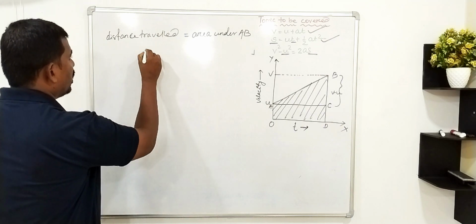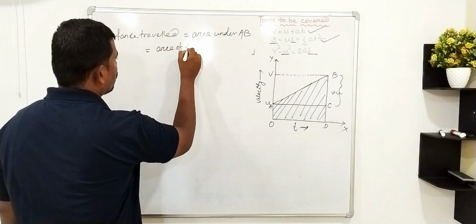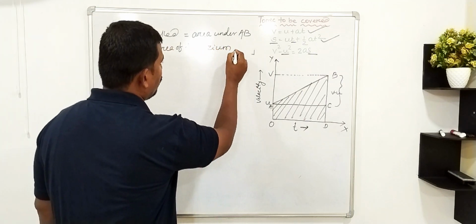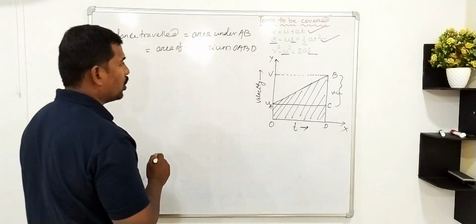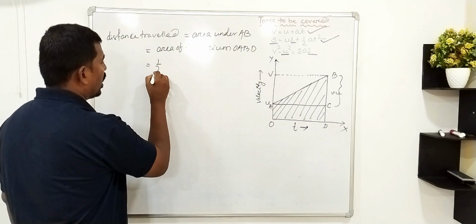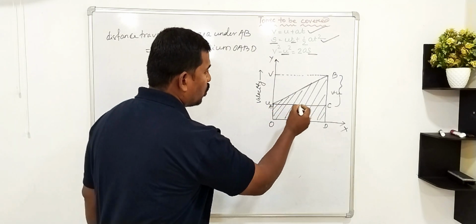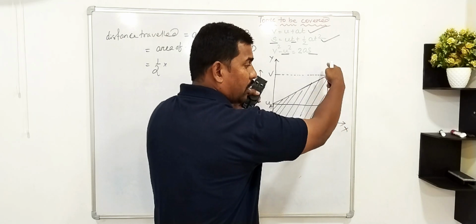So we can write area of trapezium OABD, for which the formula is half into sum of two parallel sides. Here the two parallel sides are OA and BD.